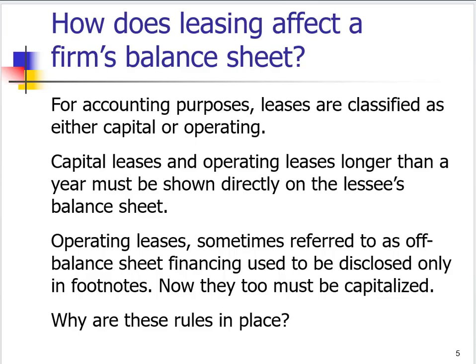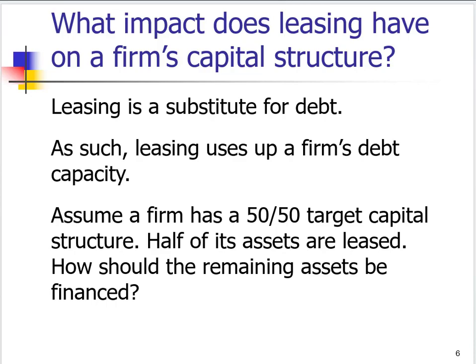They're placed into the balance sheet in a way so that the asset and the liabilities show up. So leasing is essentially a substitute for debt, so it uses up the company's debt capacity.